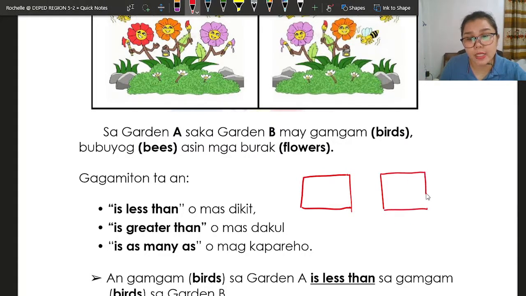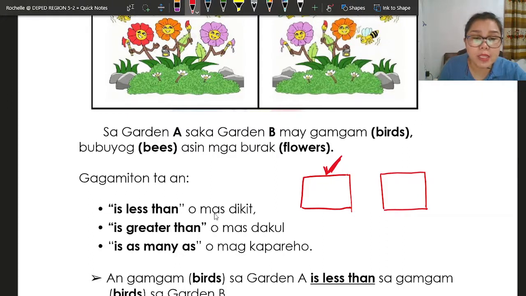The point of reference, or the one that we have to look at first, is the one at your left. So remember, this is always where we start in order for us to identify which to use: is less than, is greater than, or is as many as.